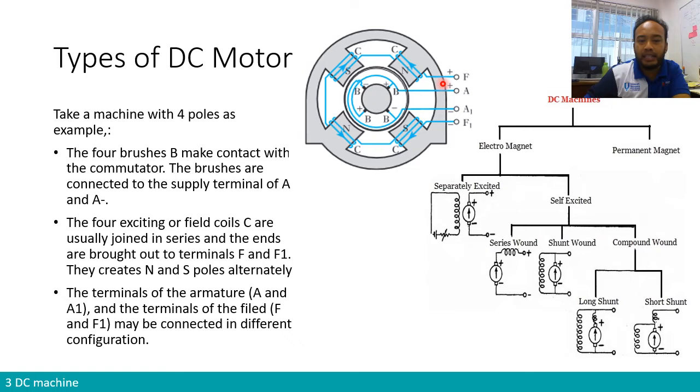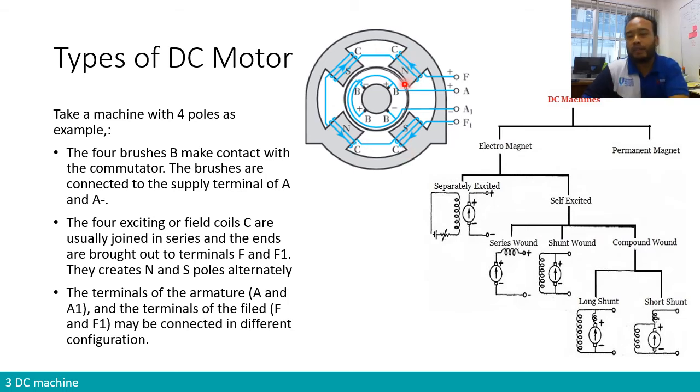Another precision is that the way we create this winding, we make the turns in a way that also creates alternating north and south poles.